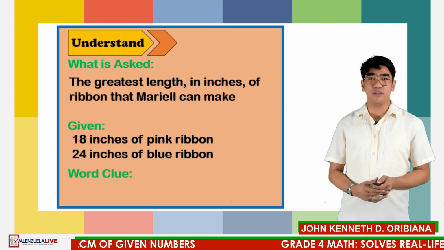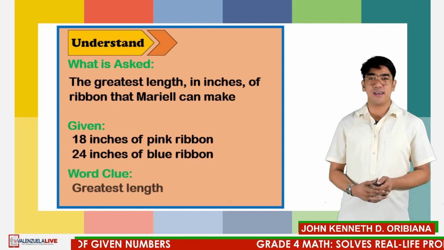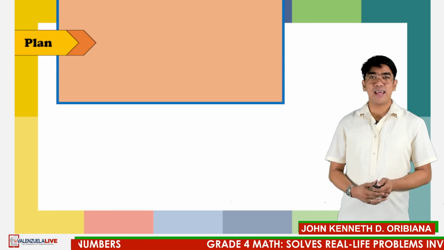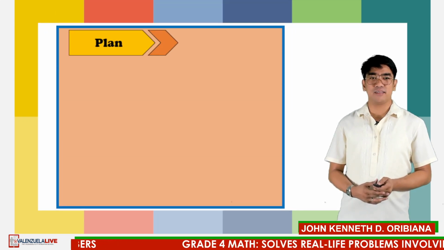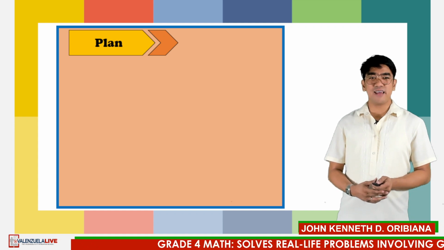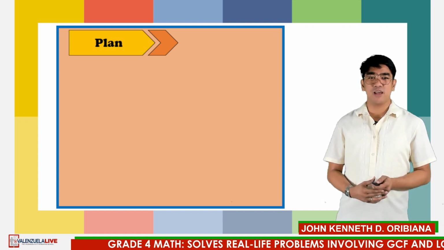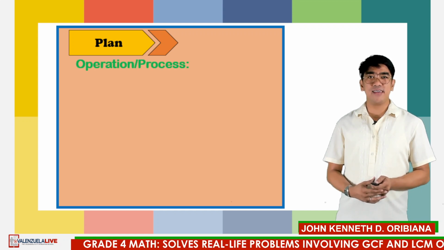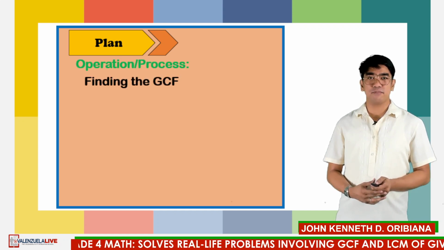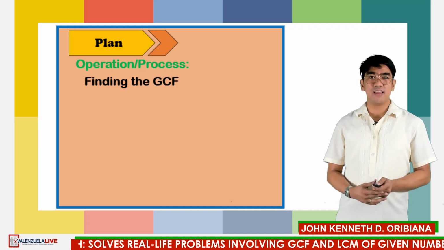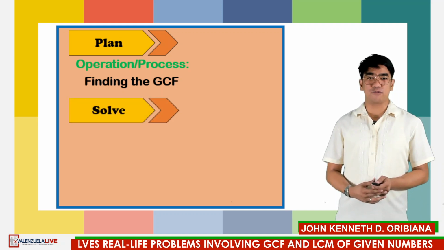And the word clue is greatest length. Next step is to plan. In this step, we have to choose a process to solve the problem, which is finding the GCF because of the word greatest.